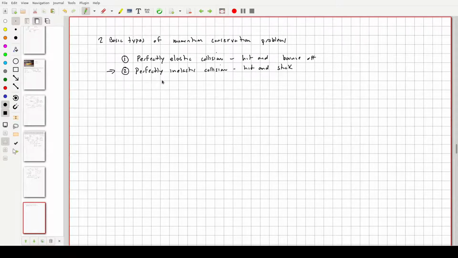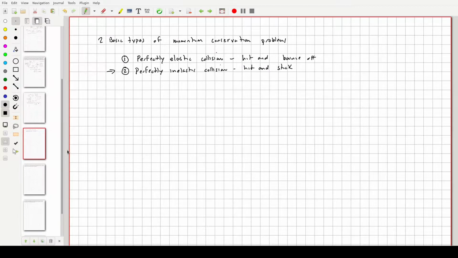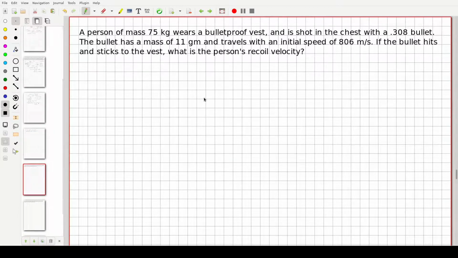I'm not going to tell you quite yet what the other difference is between these two types of collisions. I'm going to use an example of an inelastic collision to show you. Okay. So, go down here. We want to work this right here.